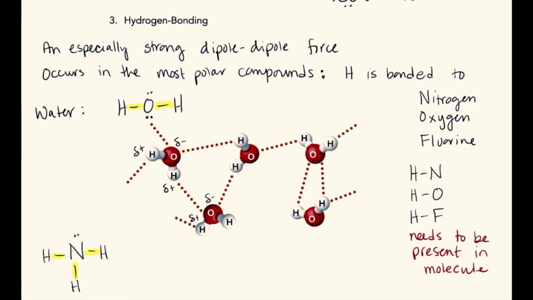So the interaction is similar to dipole-dipole in that we have a permanent dipole in water from the positive to the negative, right? From where the hydrogens are to where the oxygen is. There's a permanent dipole. And there is an attraction between the partial positive on one molecule and the partial negative on the other. So this one is showing us an intermolecular force between the oxygen and the hydrogen. That force is what we call the hydrogen bond.